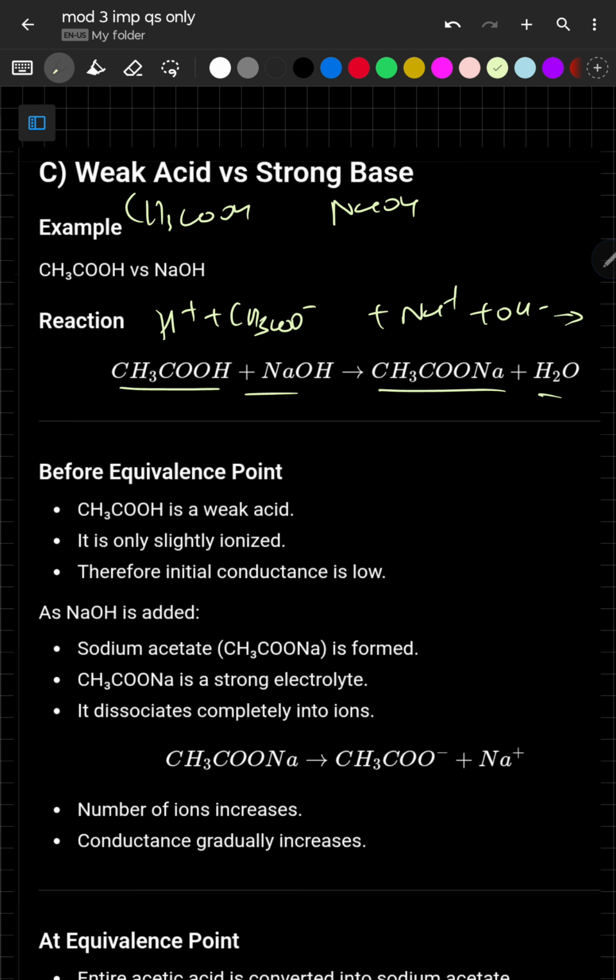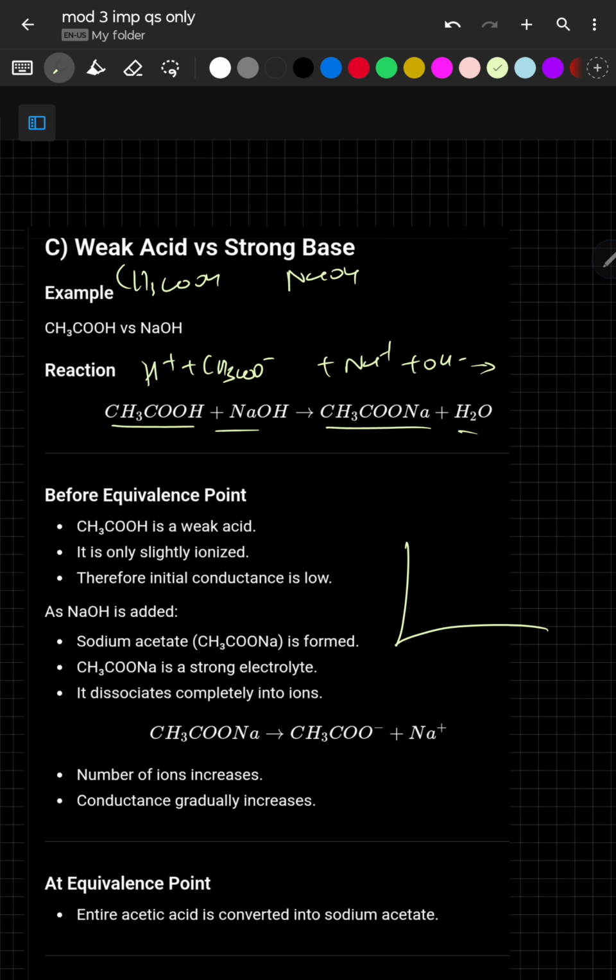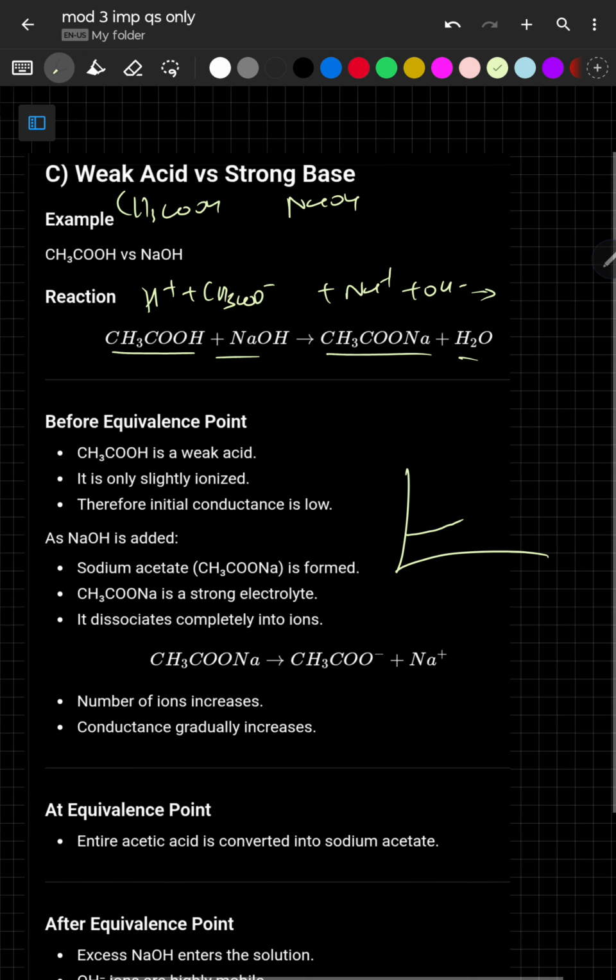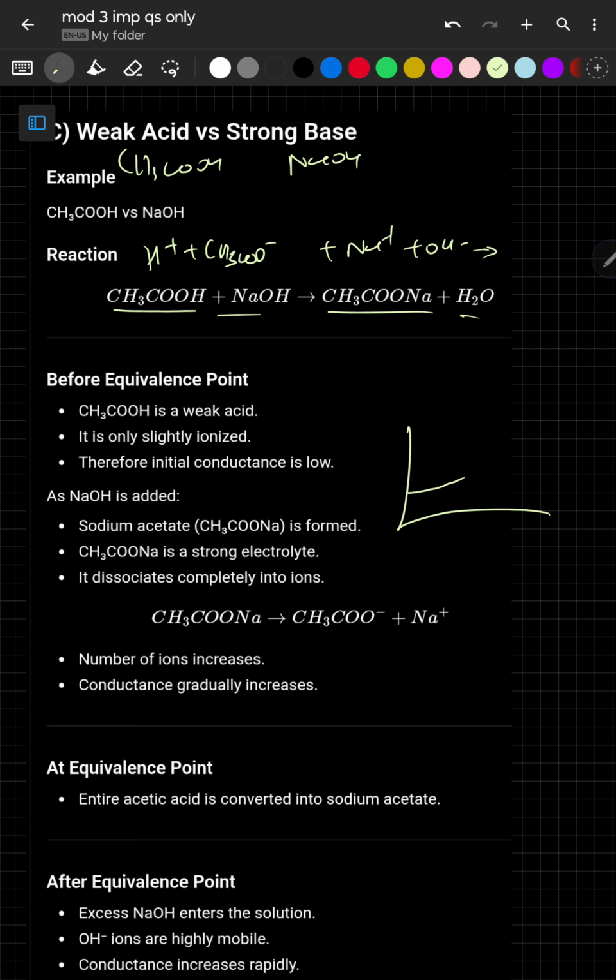As NaOH is added, sodium acetate is formed, which is more conducting than acetic acid, so the conductance increases. CH3COONa is a strong electrolyte, it dissociates completely into ions: CH3COO minus plus Na plus.